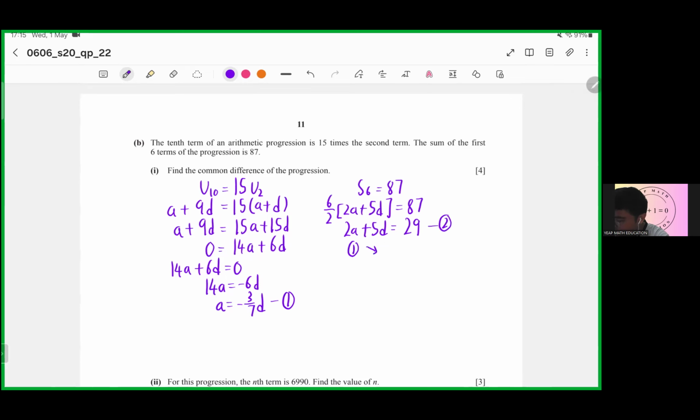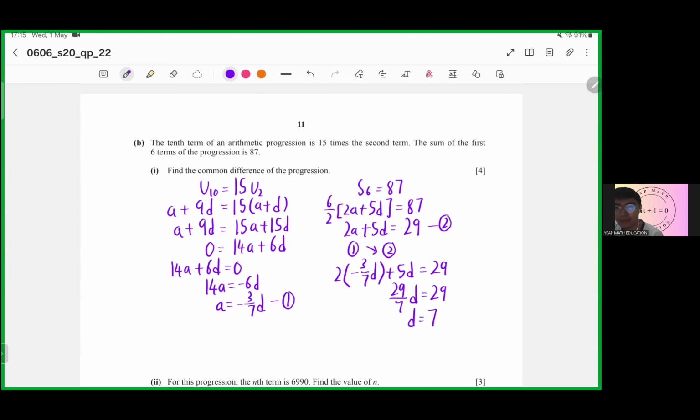First put it in the second equation: 2 times negative 3 over 7 plus 5d equals 29. So 29 over 7 d equals 29. So d equals 7.